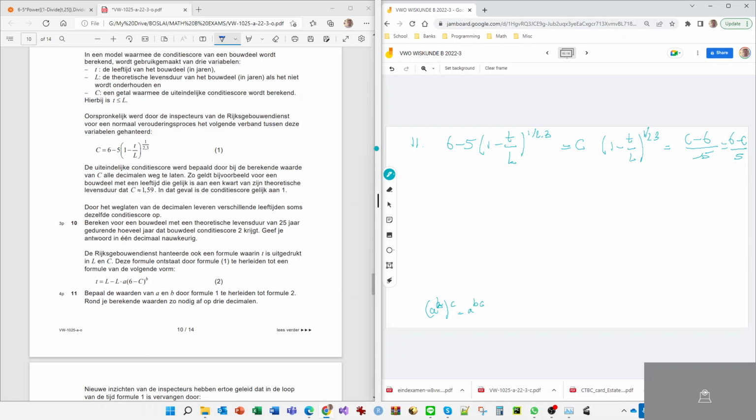So you get 1 minus T divided by L equals ((6 minus C) divided by 5) to the power 2.3.